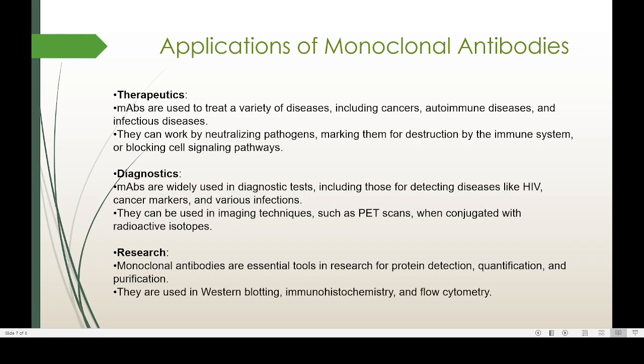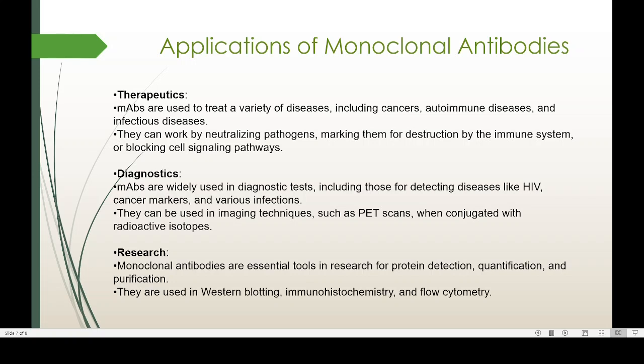The second application of monoclonal antibody is in diagnostics. Monoclonal antibodies are widely used in diagnostic tests, including those for detecting diseases like HIV, cancer markers and various infections. So for detecting HIV we can use a monoclonal antibody, and for detecting cancer we can use monoclonal antibody.